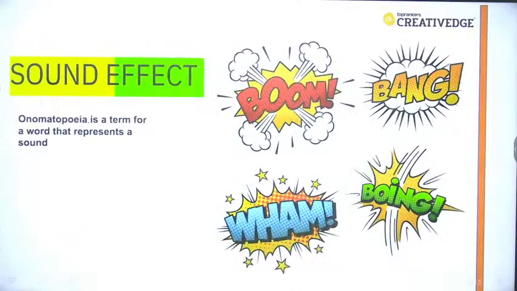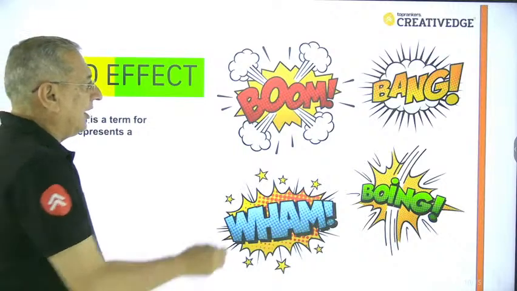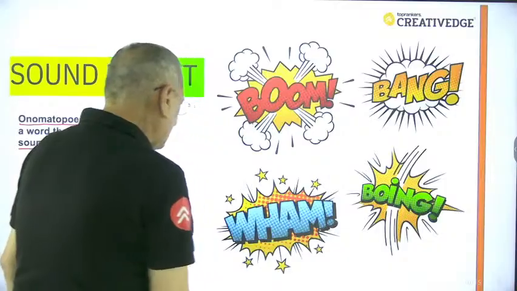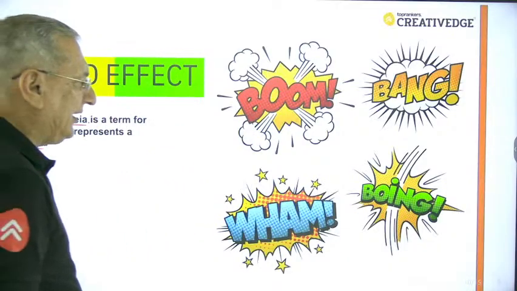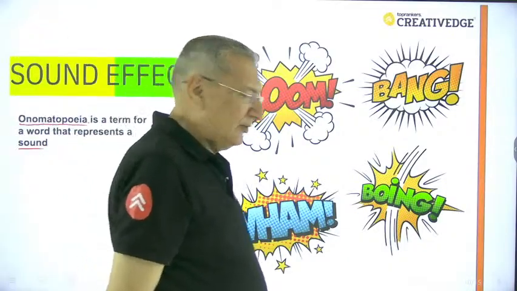Sound effect in a comic strip is also called onomatopoeia. Onomatopoeia is a term for a word that represents a sound, like boom, bang, wham, boing, kind of sounds.